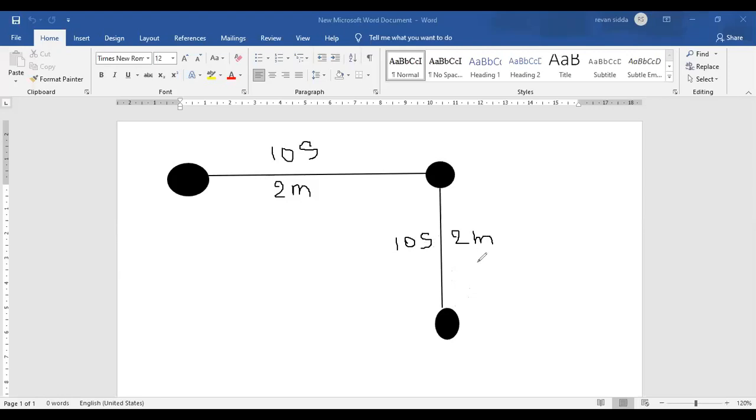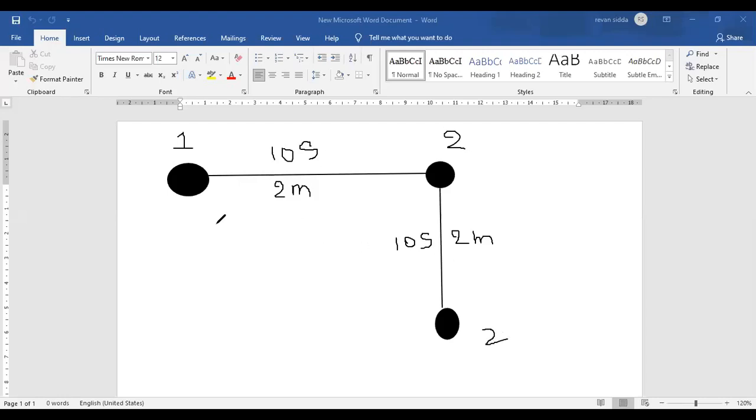Like how much time it has taken for moving from the first position to the second position: 2 meters of distance in 10 seconds. And from second to third, it has taken 2 meters of distance in 10 seconds.